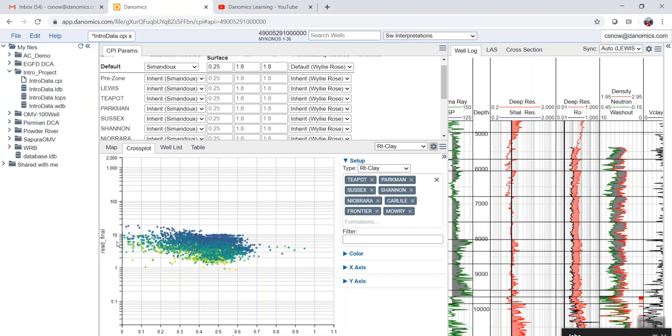But that's really important for the saturation. There's a handful of parameters here, and this is really what separates a good petrophysicist or log analyst from someone who just has a little bit of knowledge.